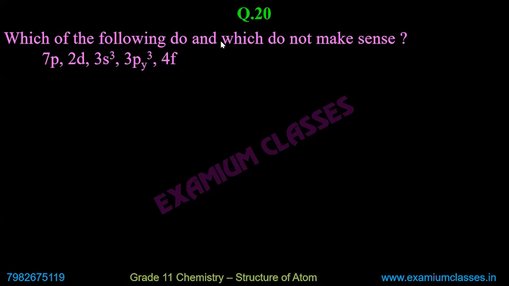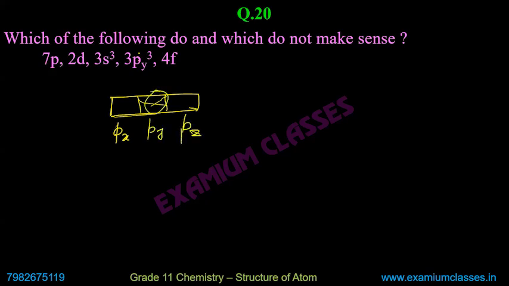Okay. Who said 3p3? Savya. Okay. Why? Because it can only hold 2 electrons. Right. Here, it is not one orbital. 3p is not just one orbital; there are px, py, and pz.